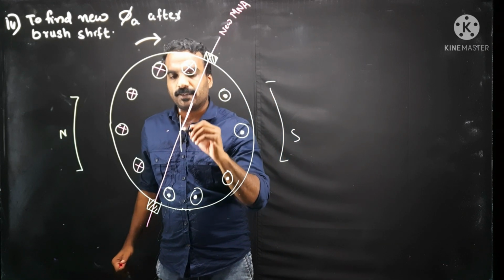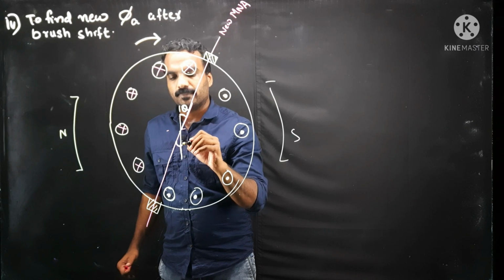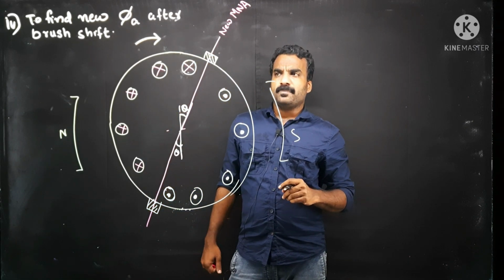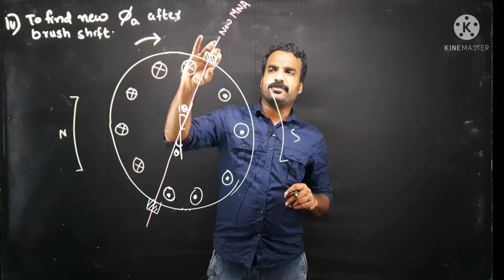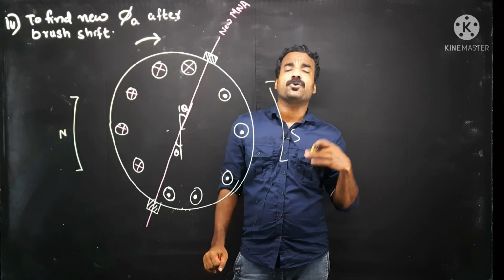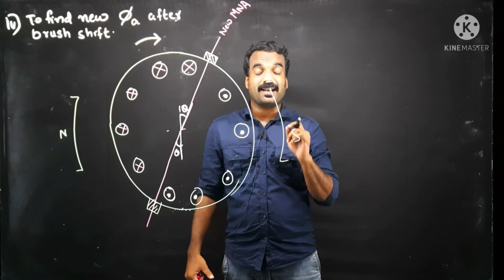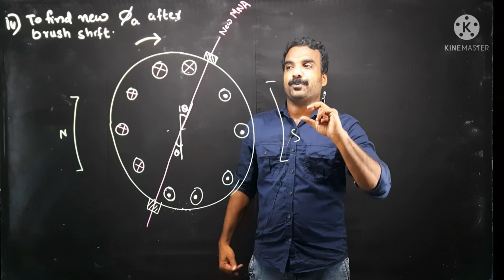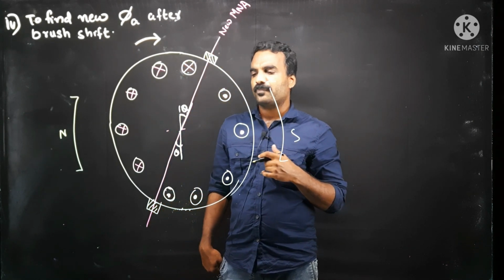We know that the MNA is shifted by theta degrees. Initially the brush was here, but now the MNA has shifted to a new position. So the brush is also shifted to the new position in order to achieve sparkless commutation. Please write the words, in order to achieve sparkless commutation. We have to avoid sparks at the brush.